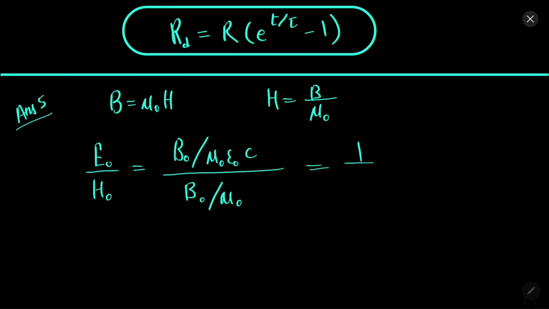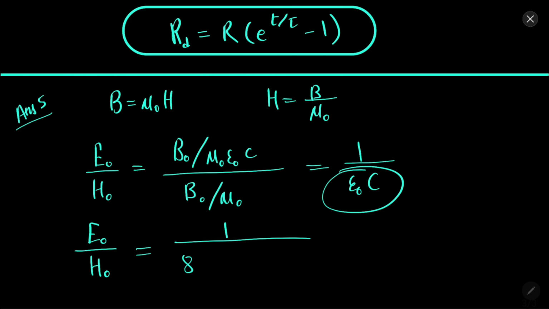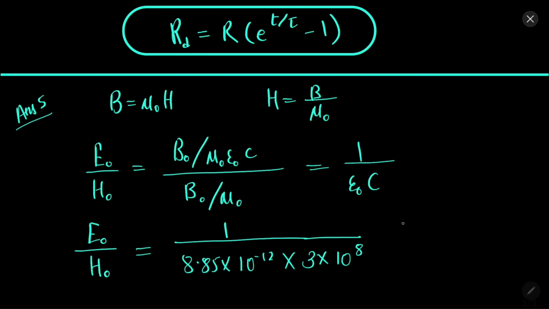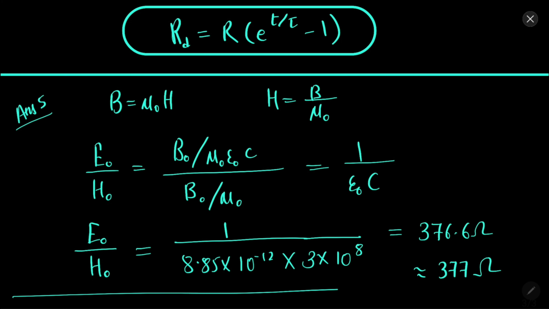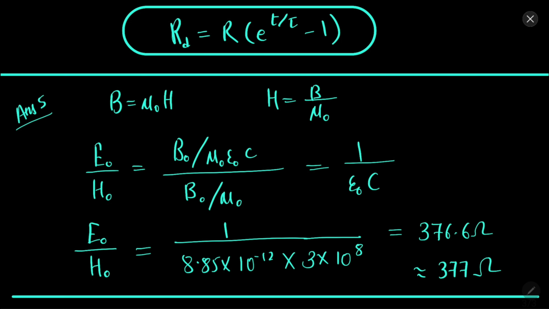So it will be 1 over epsilon naught C. If you put in the values, you will find the ratio E naught over H naught. It will be a constant because C is constant and epsilon naught is also constant. This ratio is a constant and it is called the impedance of free space. It is 376.6 ohms, or approximately 377 ohms. So this is the impedance of free space and it is a constant value.